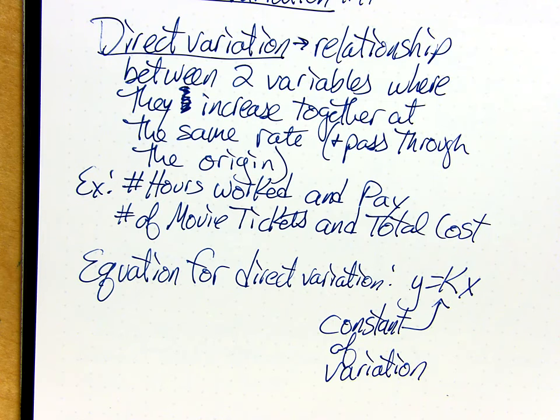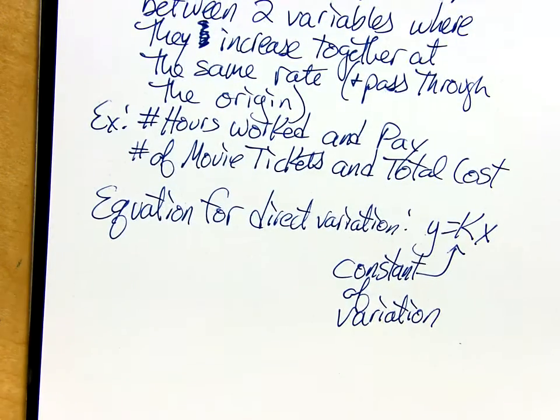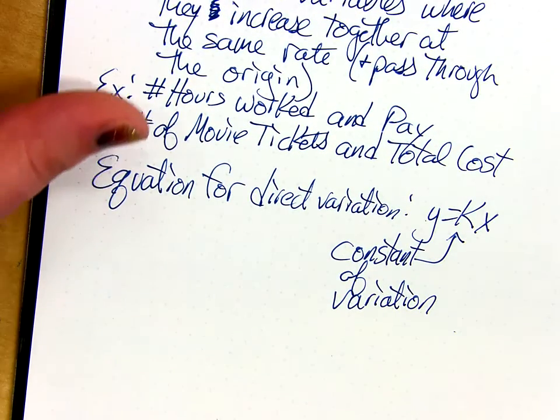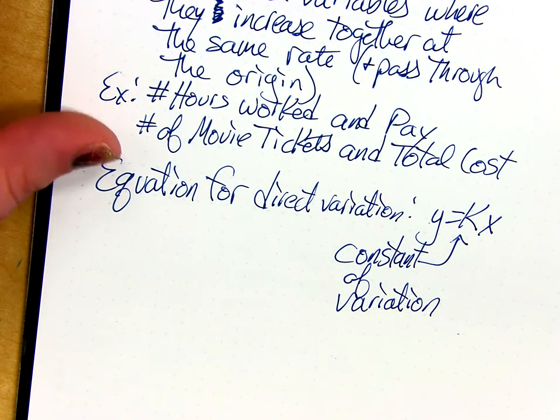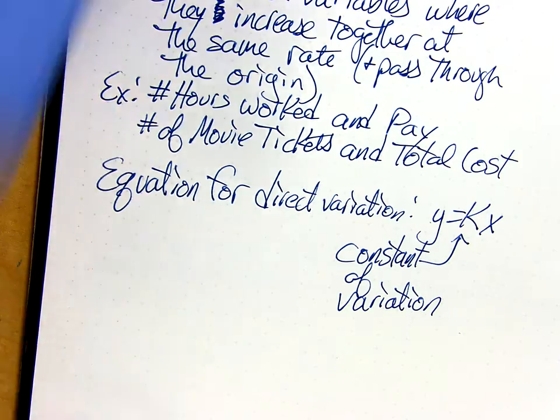So, one thing I'm going to be asking you to do is I'm going to give you an equation, and I'm going to ask you if it does model a direct variation relationship or not. Here's how to tell, okay? So, let me write the directions exactly as you'll see them. It'll say, determine whether each equation is a direct variation.